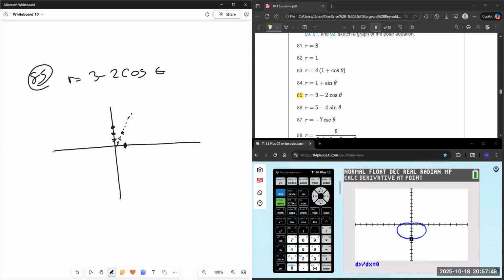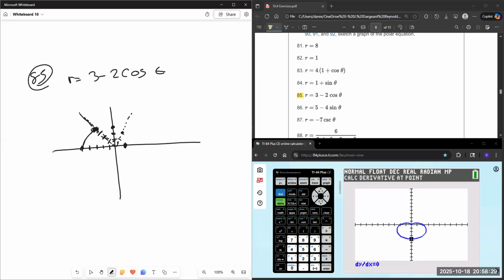Along this line of 2 pi over 3, cosine is negative 1/2, so that's 3 plus 1, which is 4. And then at pi, cosine is negative 1, that's 3 plus 2, which is 5.